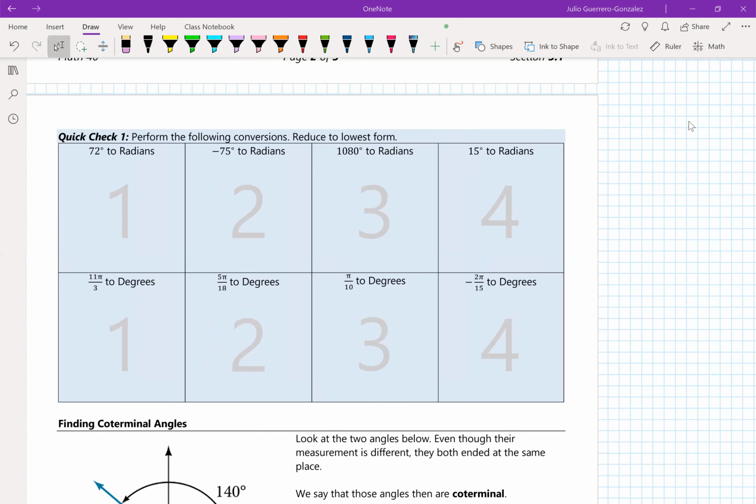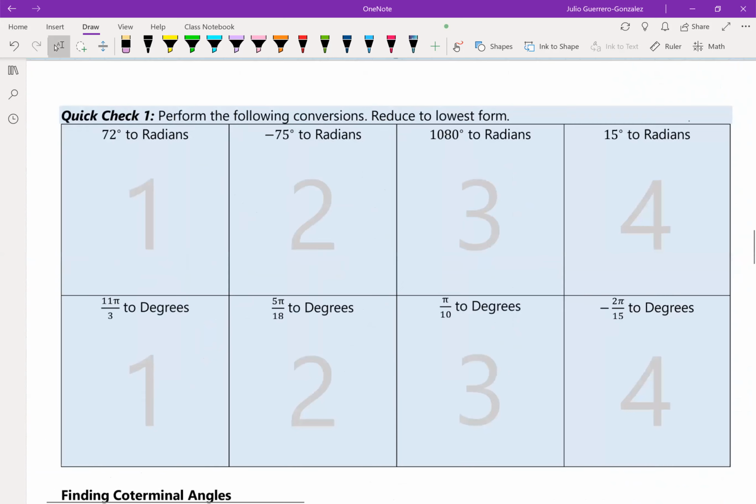And I want you guys to try the conversions that are there. So your group number gives you the problem that you're going to be trying. It's 2 of them, right? You're going to be converting radians to degrees and then degrees to radians, okay? Everybody gets to practice 1 of each, okay? So I'm going to break you guys out.